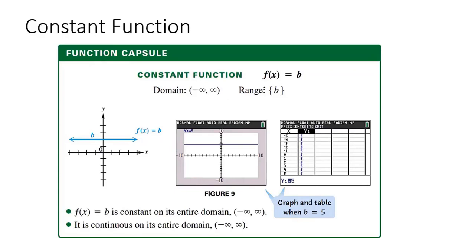As you can see, the domain would be all the way from negative infinity to positive infinity, and you can also confirm this result using your calculator, and the range would be only one value, b. It's not going up or down. Right at point b, that would be the range. And the domain would be all the numbers from negative infinity to positive infinity. All these are included.